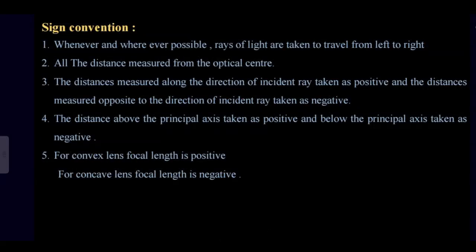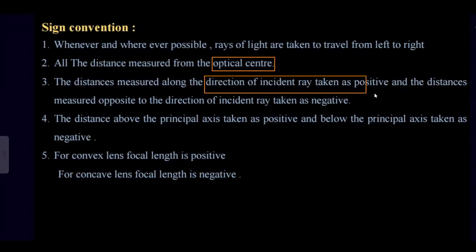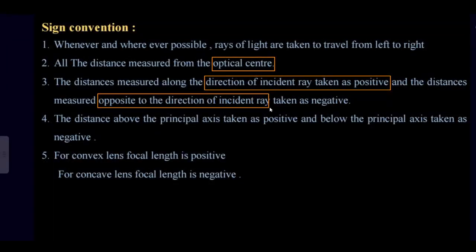So the first step, we need to take a light ray falling from the object to the lens, and that will be taken as positive. All the distances we have to measure from the optic center, like the pole here. Distances along the direction of the incident ray are positive, opposite to the incident ray negative.